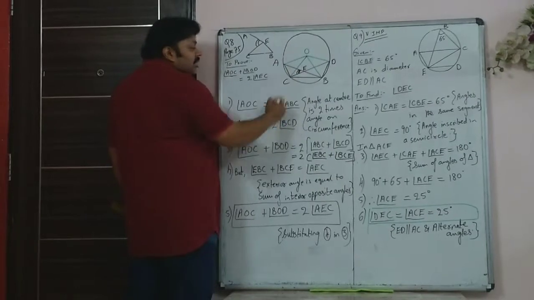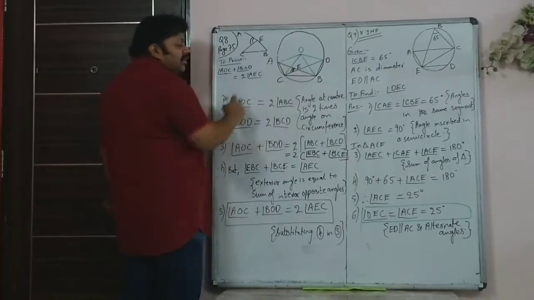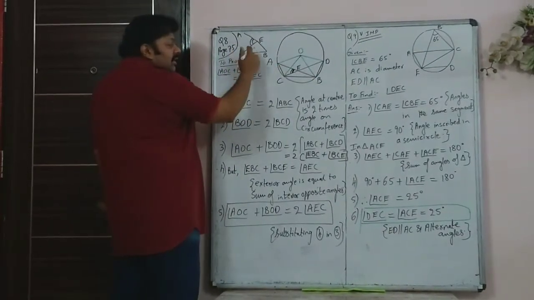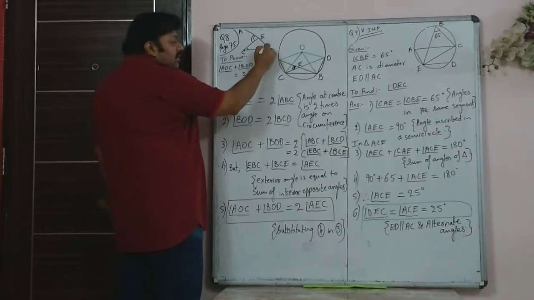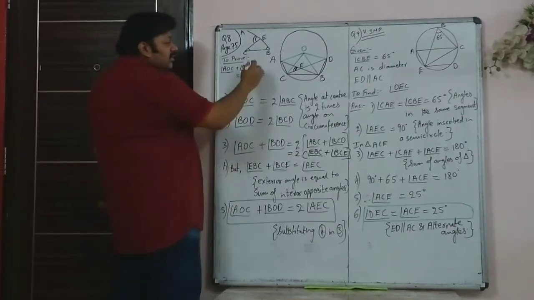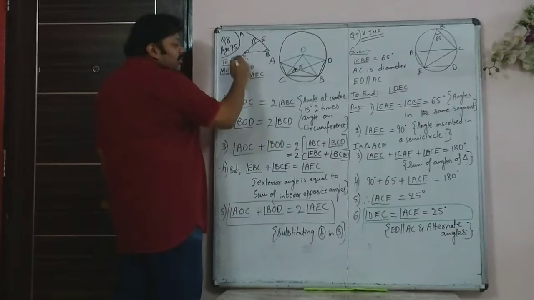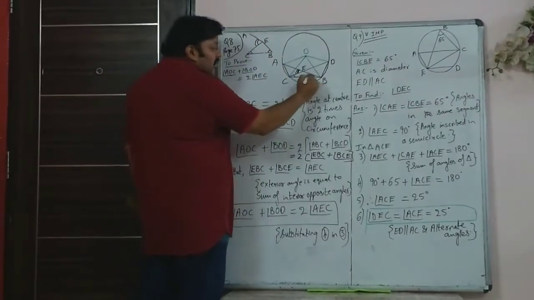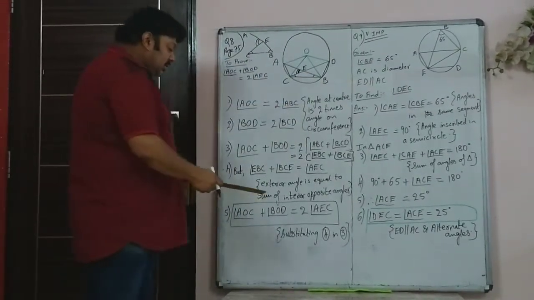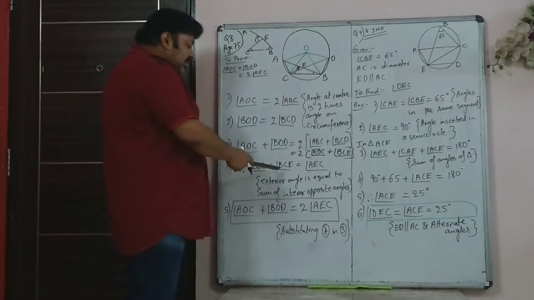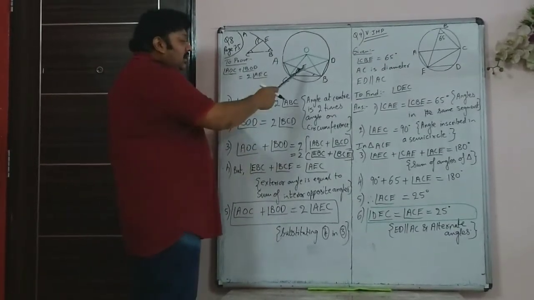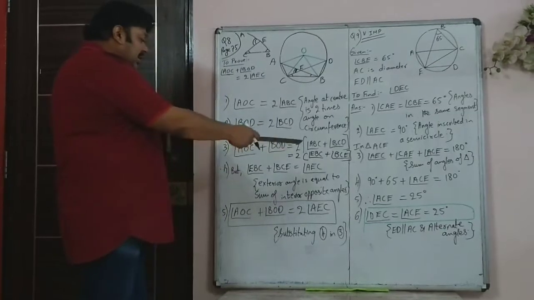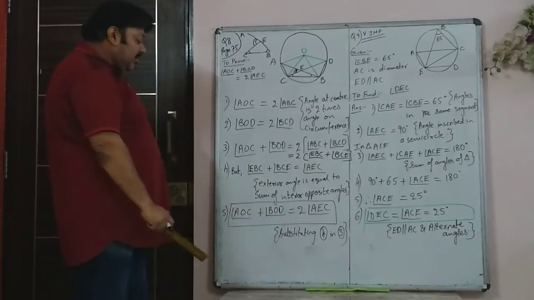This exterior angle is equal to this angle plus this angle, that is BCE plus EBC. That is how you are replacing EBC plus BCE by AEC. So the exterior angle is equal to the sum of the interior opposite angles.